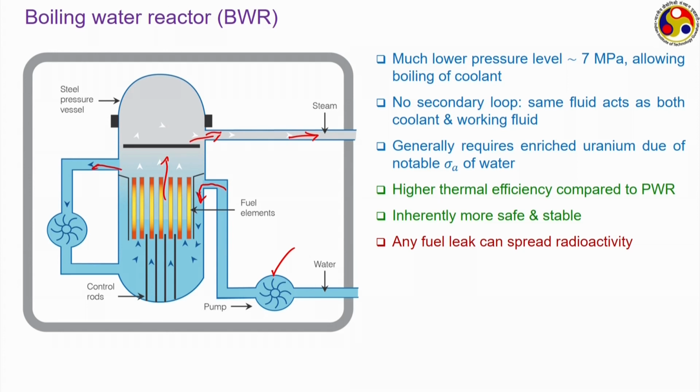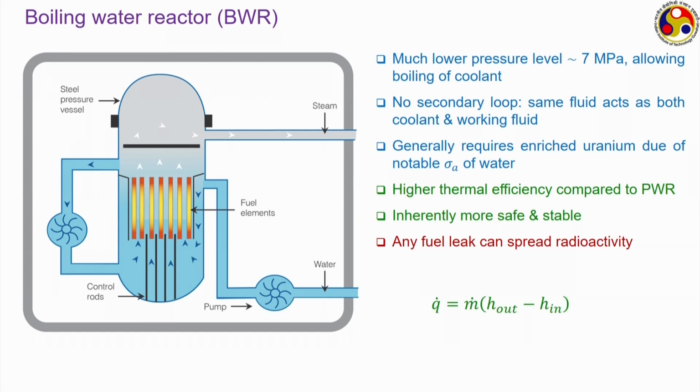Thereby, there is a big probability of radioactive leakage to the external circuitry. That is one big drawback that a boiling water reactor may have. That problem is not there in the pressurized water reactor, because the water that is used as moderator and coolant remains inside the pressure vessel only, and never goes outside.